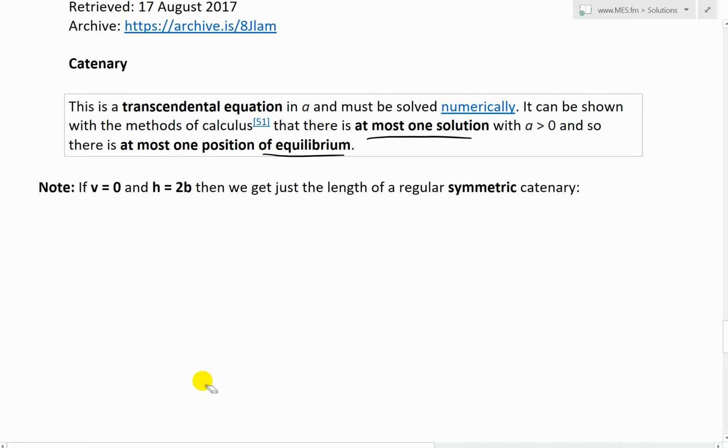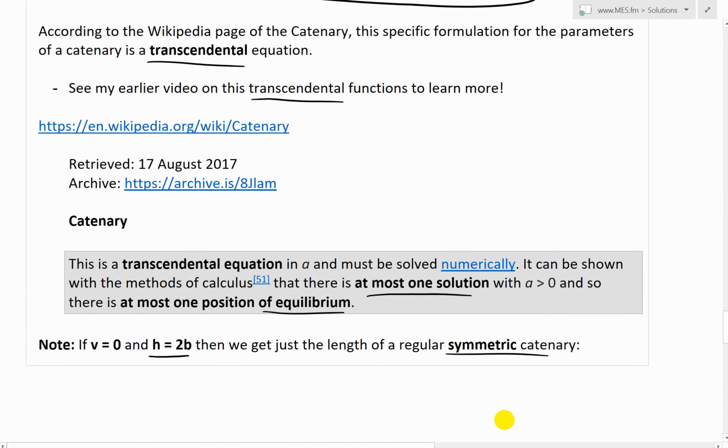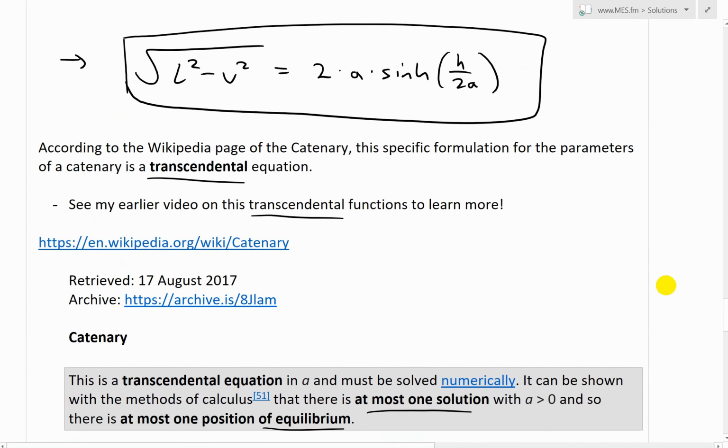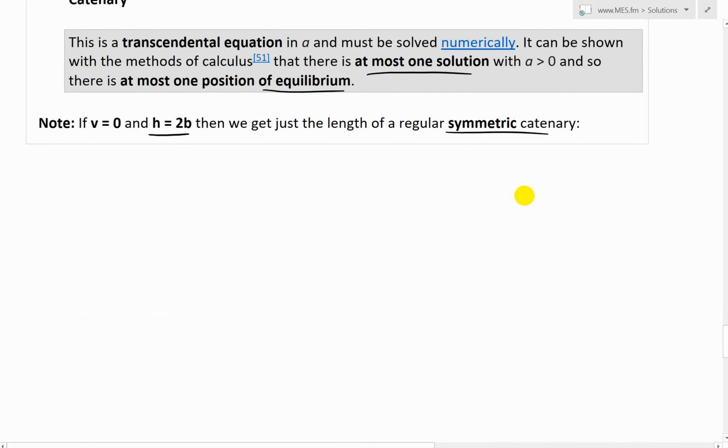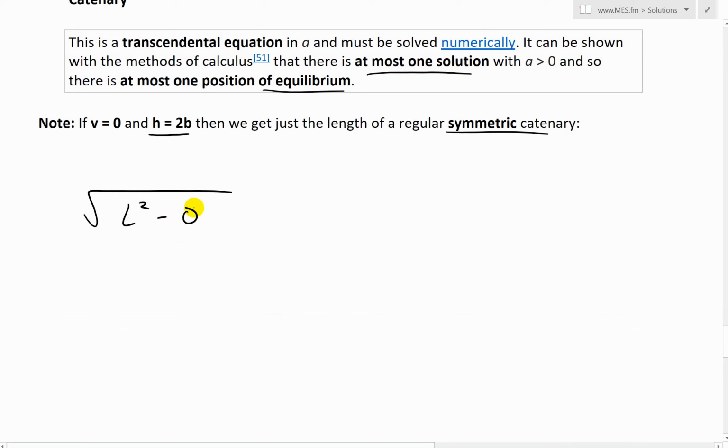And also I want to make a note: if V equals 0 and H equals 2b, then we just get the length of a regular symmetric catenary. So if we go over here, that's the formula like that. If V equals 0, so the vertical distance is 0, which is the symmetric catenary, we'll have L squared minus 0 squared. The V squared is just equal to 0.